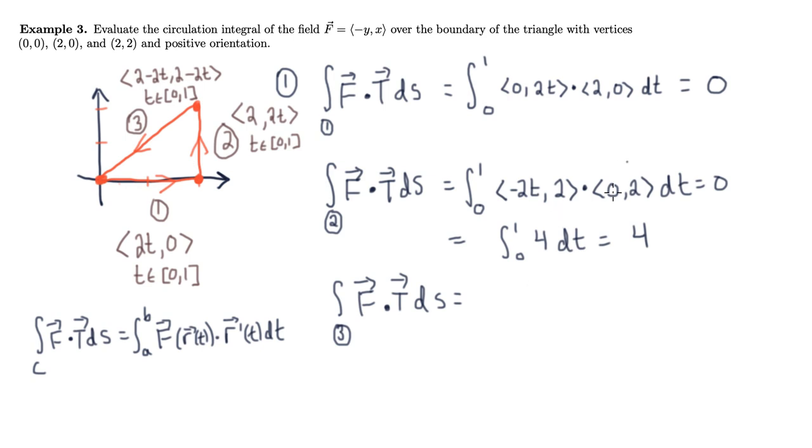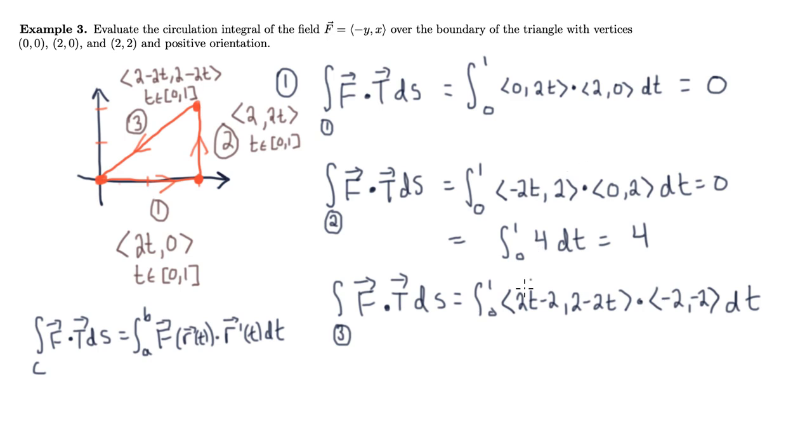That's what I'm using here in all these examples. Okay, so this is 0 to 1. I have my parameterization, and I just want to plug it in. Now both of the x and y coordinates are the same, so I just want to make one of them negative, so I'll have 2 minus 2t times negative 1 is 2t minus 2, and then 2 minus 2t. So that's f evaluated at the parameterization. And then dot with the derivative, which is negative 2 comma negative 2, the derivative of the parameterization of this curve, dt.